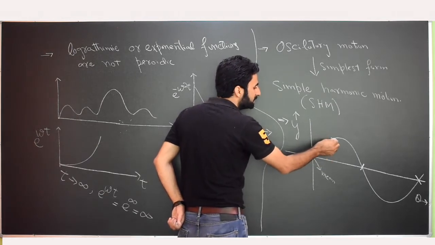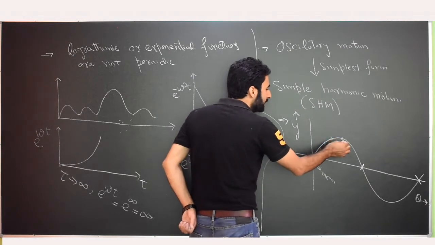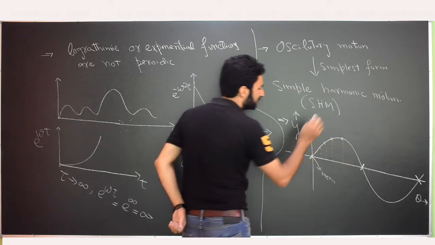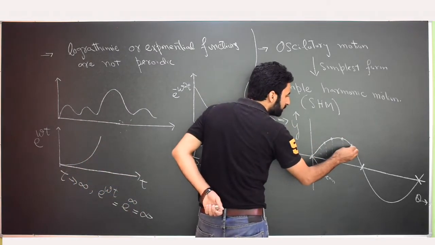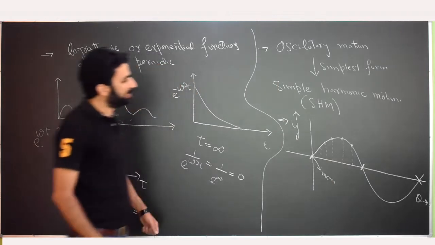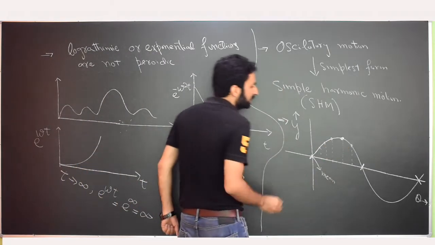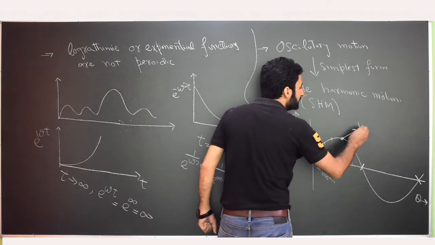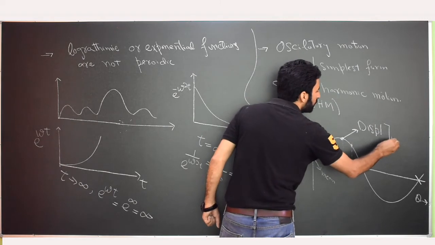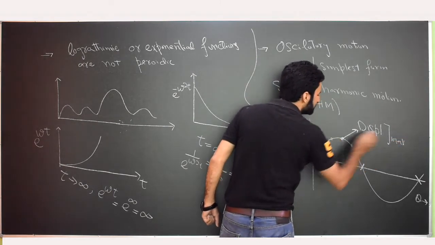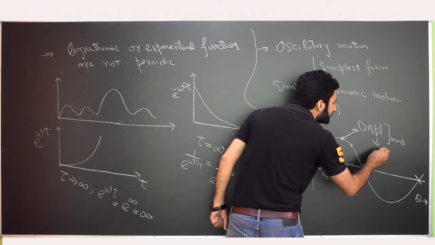Once the particle reaches there, its displacement from the mean position is this much, and once the particle is here, its displacement from the mean position is this. And once the particle moves further, its displacement goes this way. Once the particle reaches this particular position, the displacement from the mean position is maximum, and this is known as amplitude.